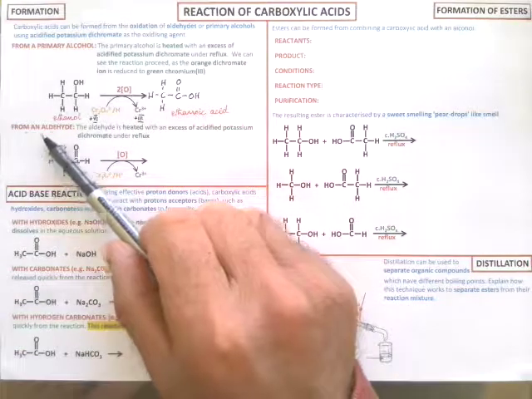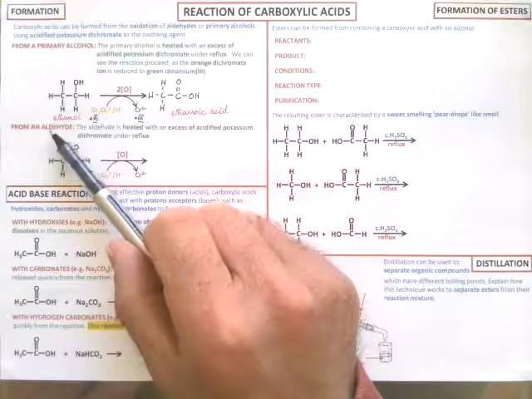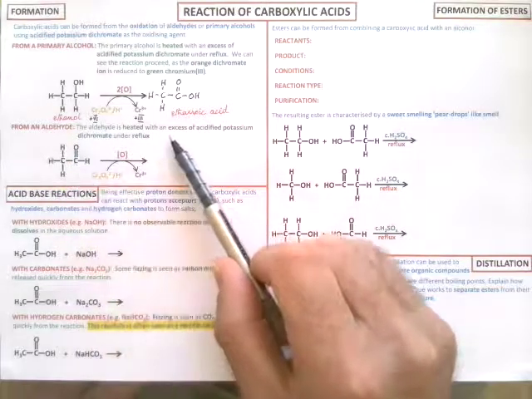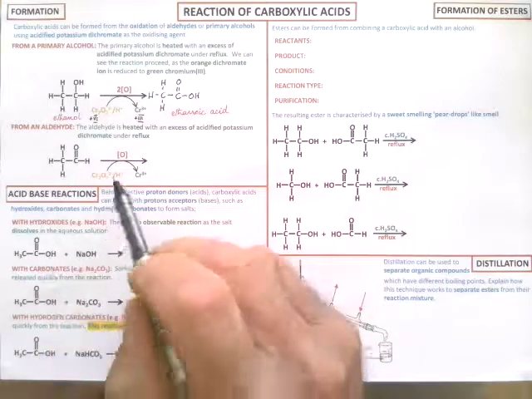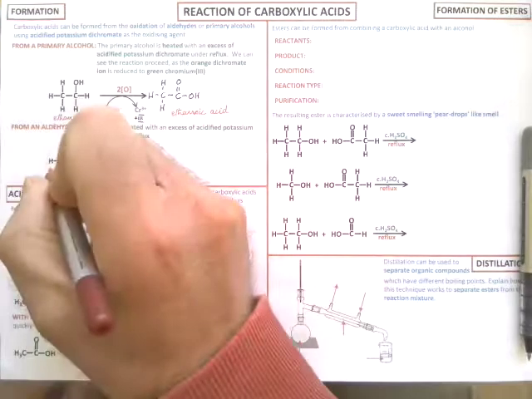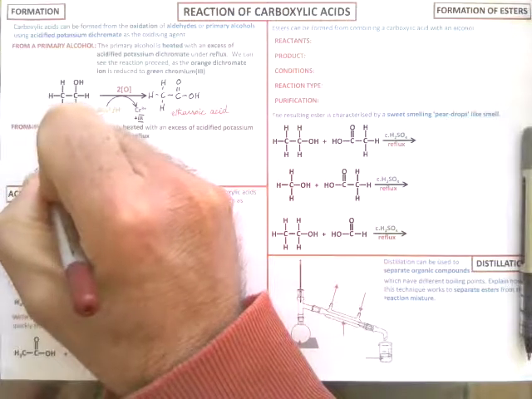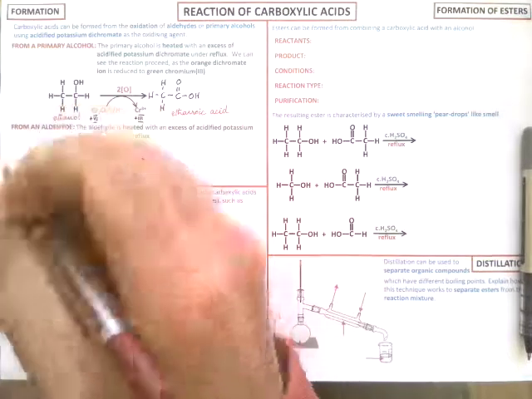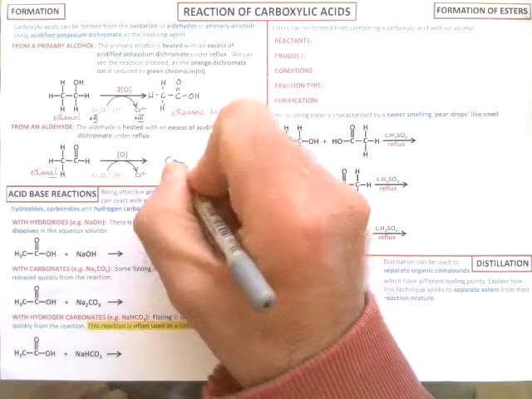We can do the same with an aldehyde, which is a slightly more oxidized version of a primary alcohol. And again, the aldehyde is treated with an excess of acidified potassium dichromate under reflux. And this aldehyde here would be called ethanal. All aldehydes end in AL. And that would form our ethanoic acid again.